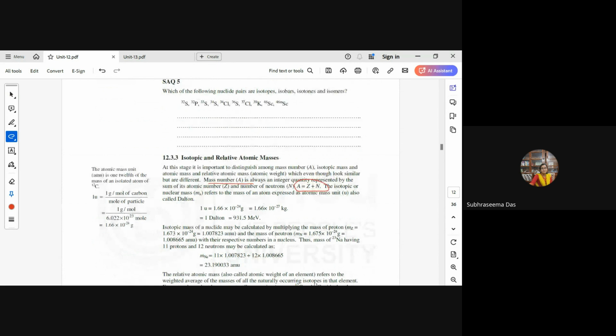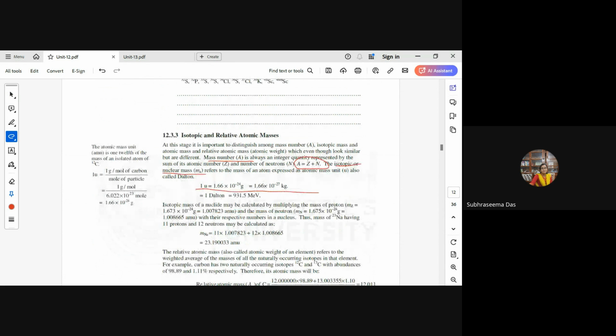Now, the nuclear mass, or the isotopic mass, however most commonly it is called the nuclear mass, is represented as M with a subscript A. It refers to the mass of one atom, expressed in atomic mass unit, that is AMU, or we call it a Dalton. We can write 1 AMU is equal to 1.66 into 10 to the power minus 27 kg.